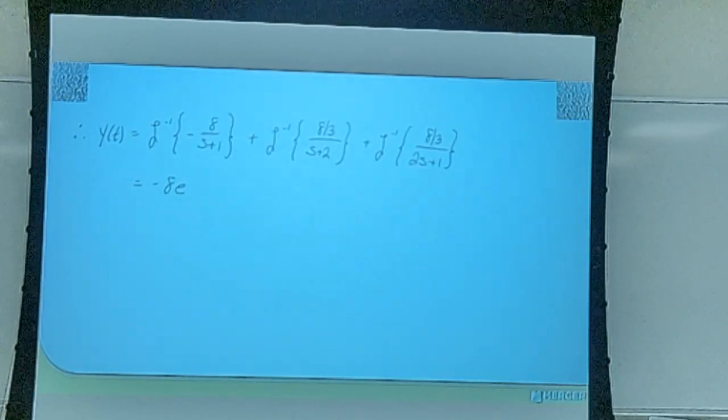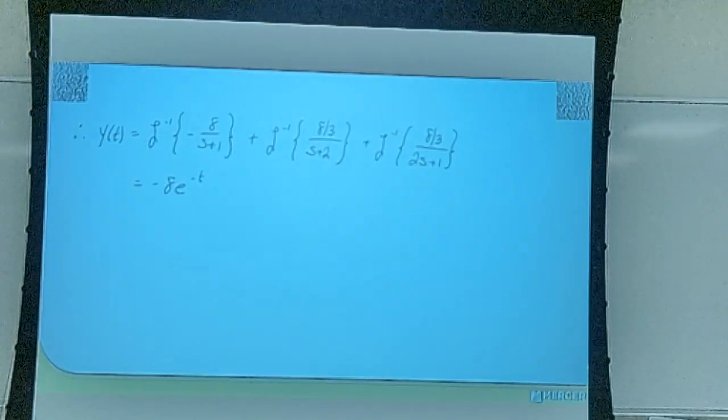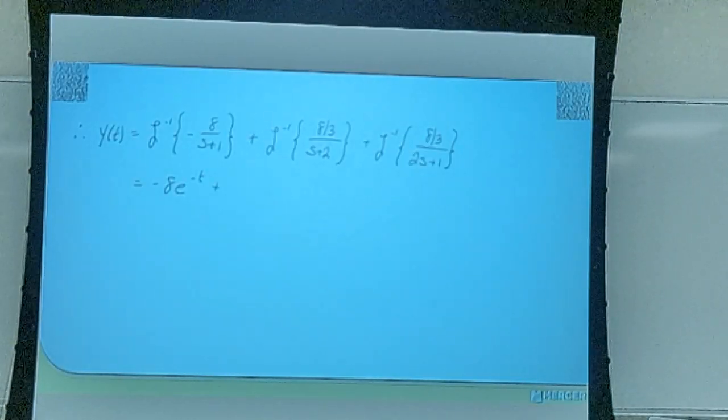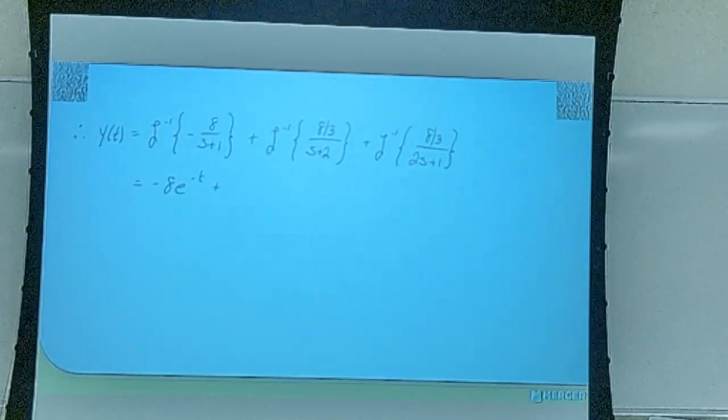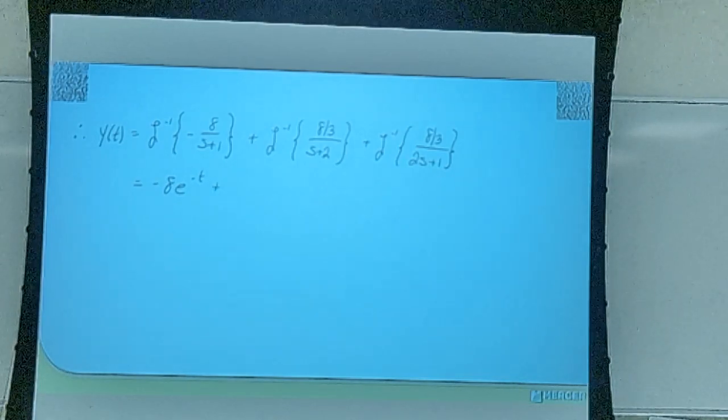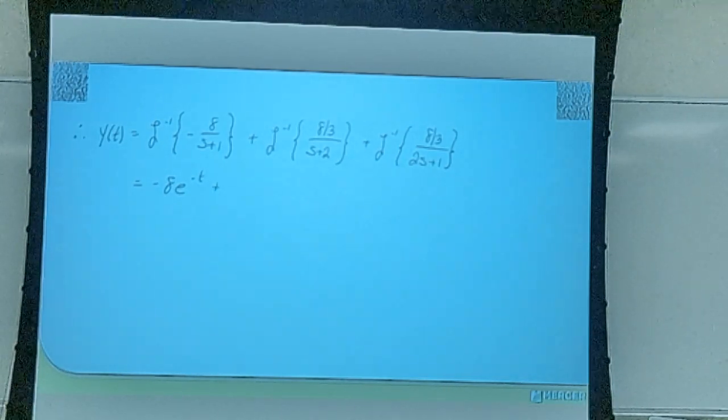Remember, it's s minus something. What's the second transform? Eight thirds e to the negative 2t.